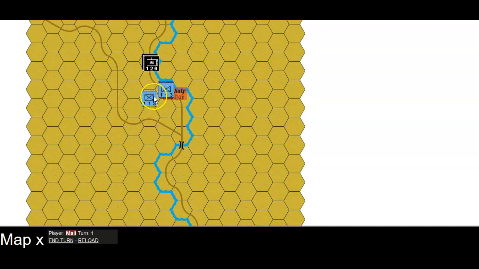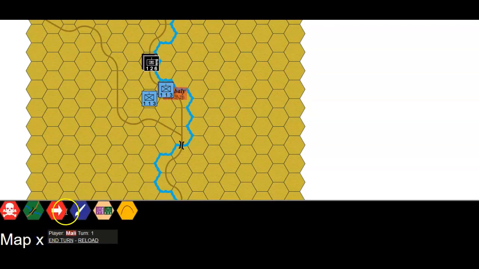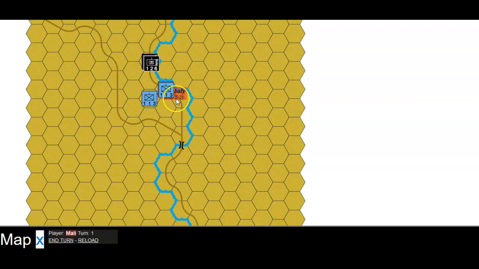If I put it there instead, just for the hard of hearing, if I had put it there, the point is they can't get the full surround, and we would preserve an escape route. We've got an escape route because they won't be able to shoot all the way around.